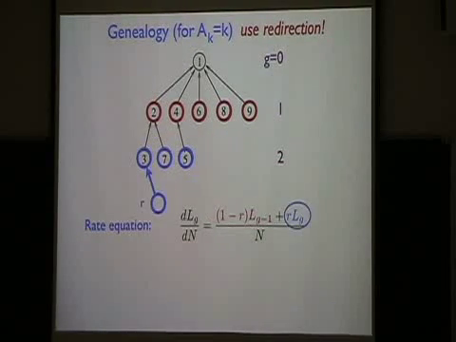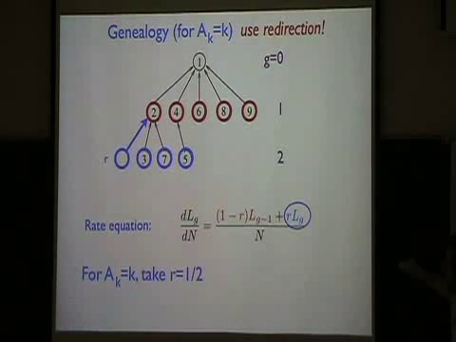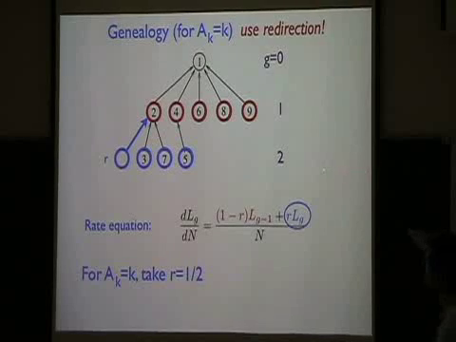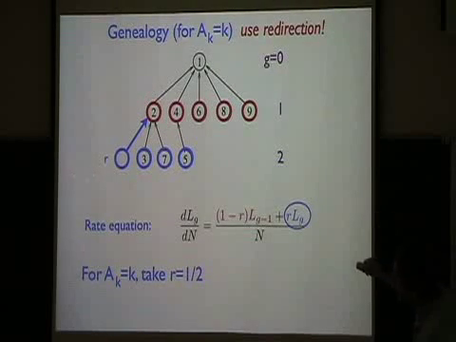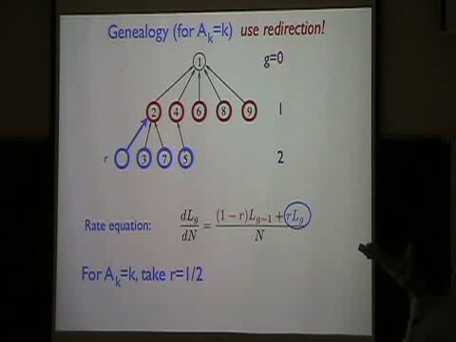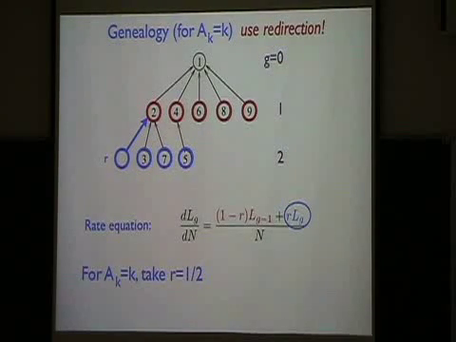But with probability r, I attach to a node, and then I go to its ancestor. And so the number of nodes that lie in generation g, I can either have attached to a node in generation g minus 1, or I attach to a node in the generation itself, and then by redirection went one layer down, and both of these processes contribute to the gain in the number of nodes in generation g.